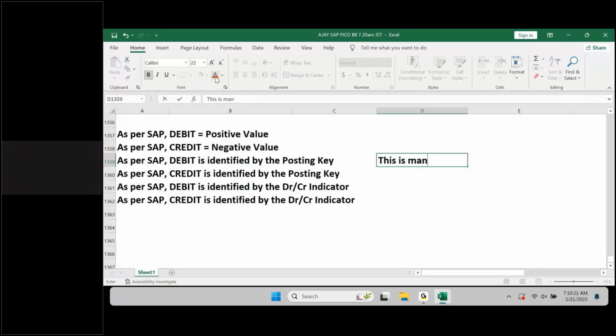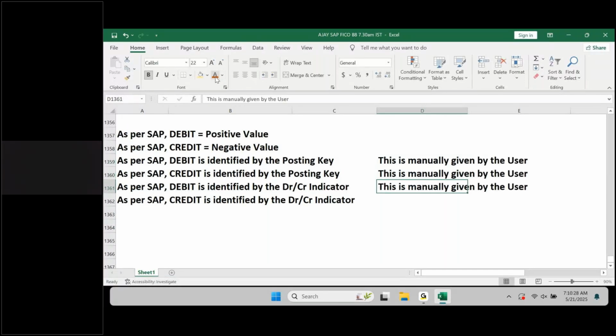The posting key is manually given by the user, while the indicator is automatically updated by SAP. Is this correct?